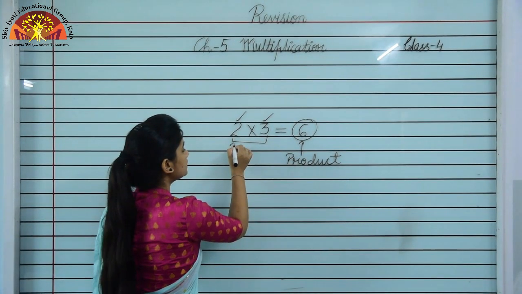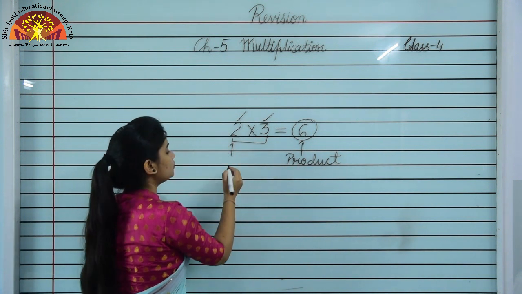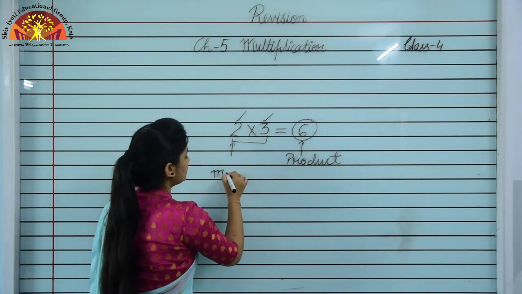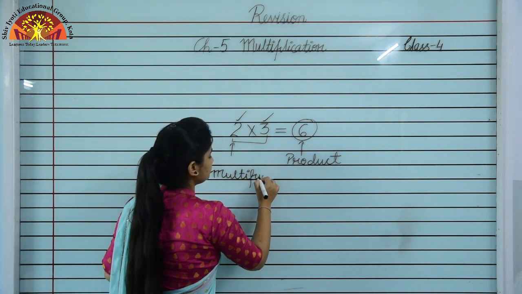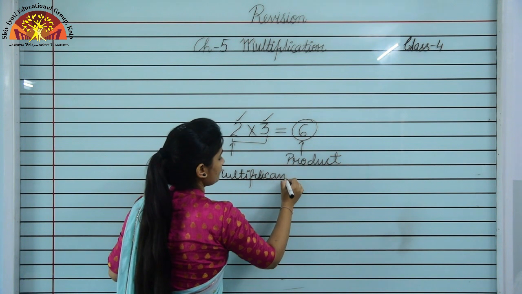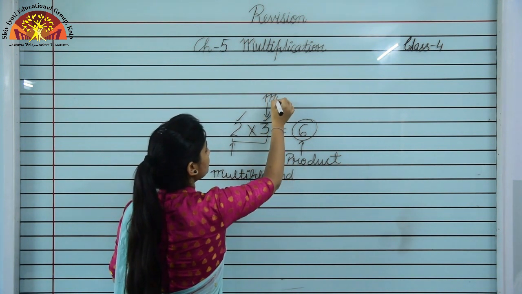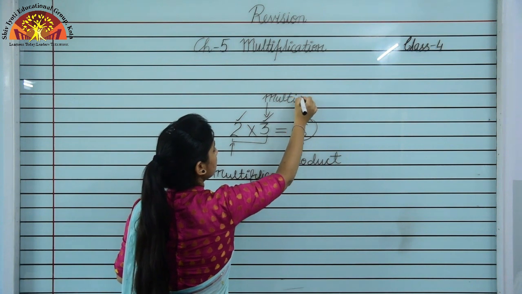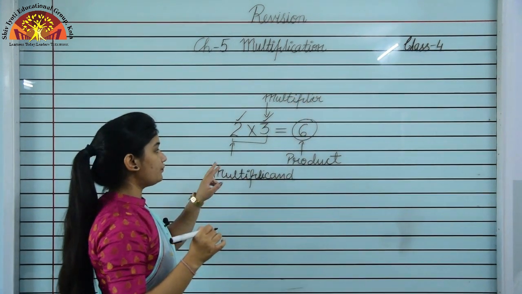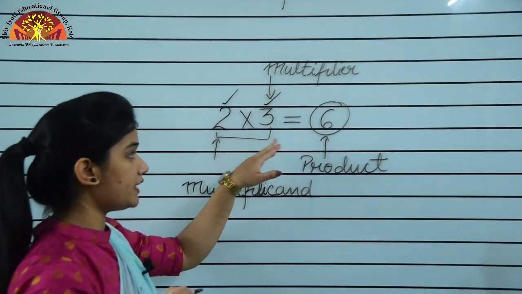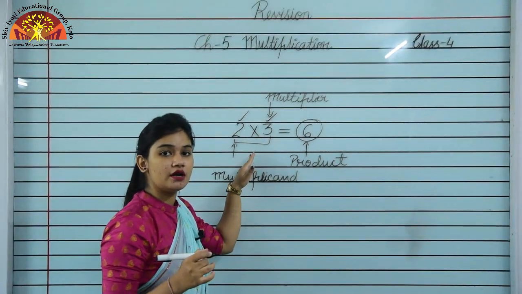The first number, the number you are multiplying, will be the multiplicand, and the number you are multiplying by will be the multiplier. Understood students? When you multiply two numbers, the answer is the product of these two numbers.